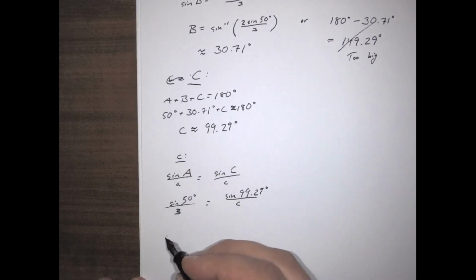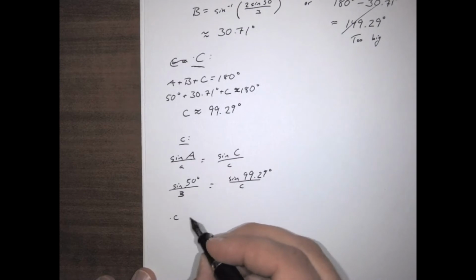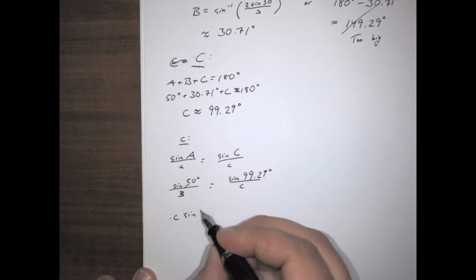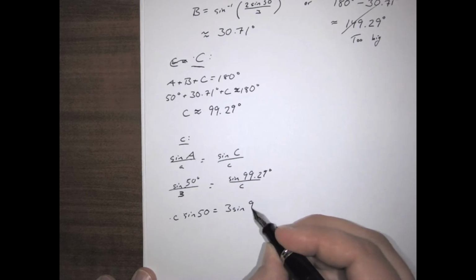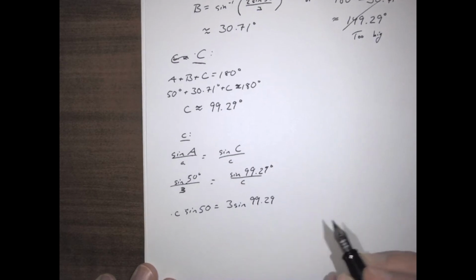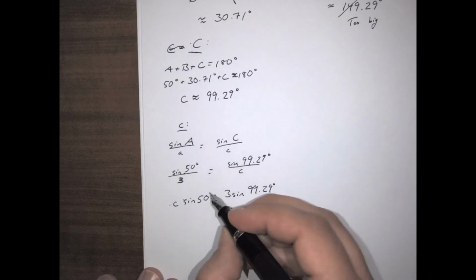Multiply both sides by the two denominators. And then divide.